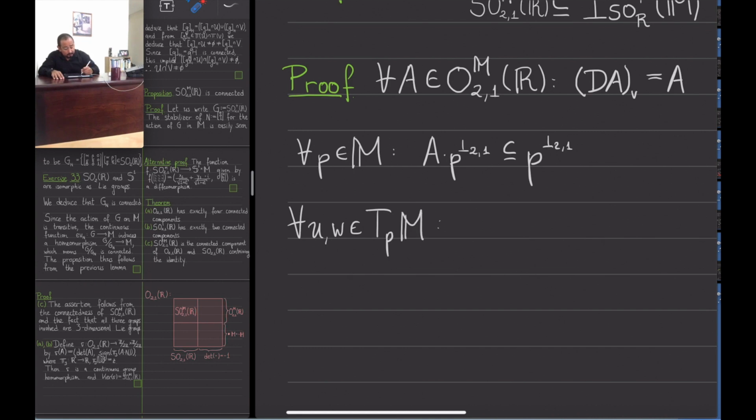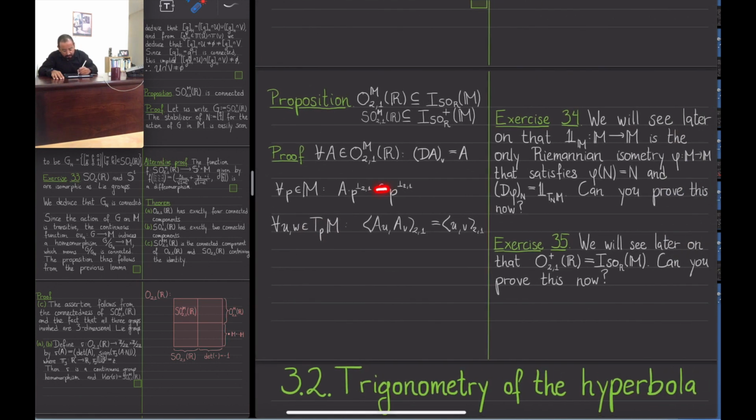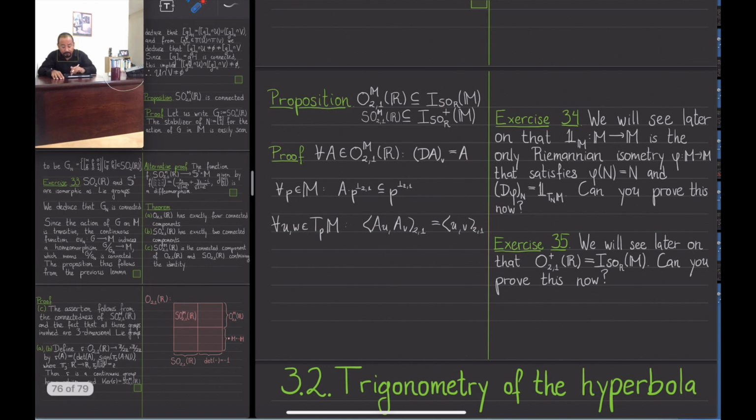I have the Minkowski product of AU and AV equal to the Minkowski product of U and V. So for any point, A is the derivative, and A respects the Minkowski interior product or the inner product of the space. Right? And here actually one has equality, by the original discussion here.